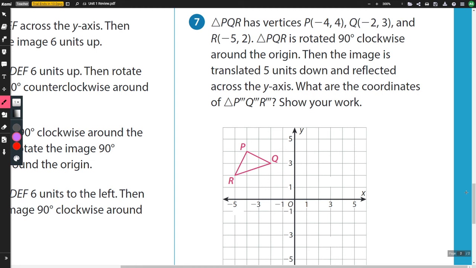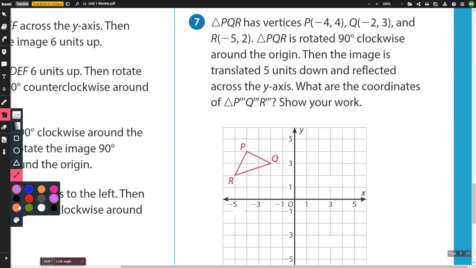Then the image is translated 5 units down and reflected across the y-axis. What are the coordinates of triangle P''', Q''', R'''? Show my work.